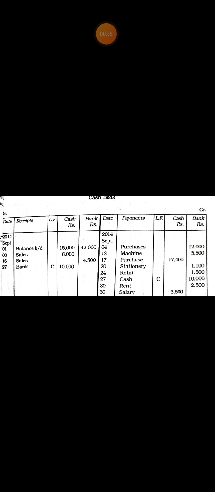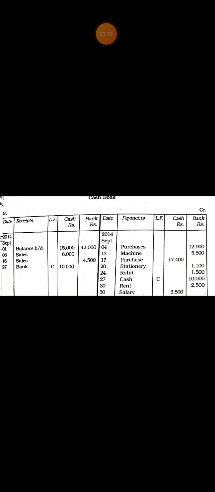Next, September 4, purchased goods by check. Purchased goods and paid check. Purchase of goods is an expense or payment which is written on the credit side of the cash book. Here, purchased goods and payment made by check.